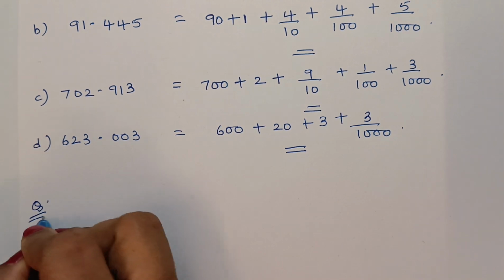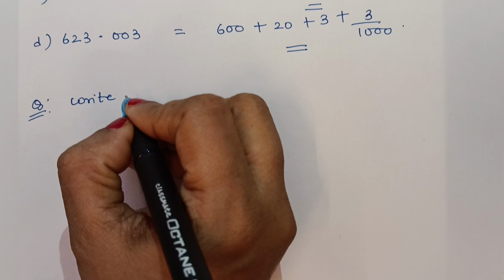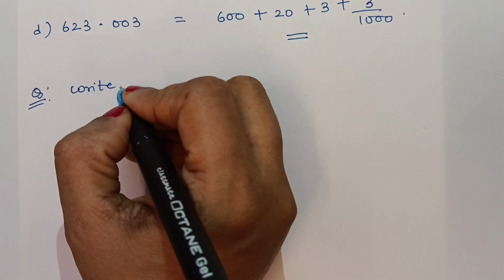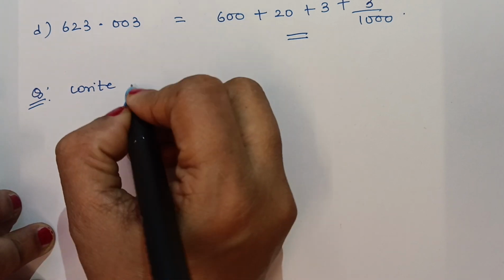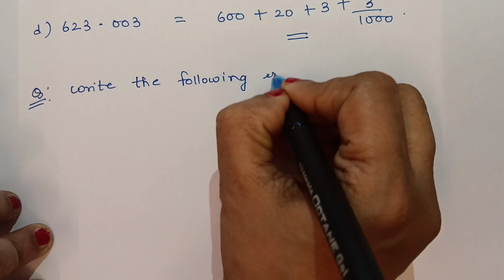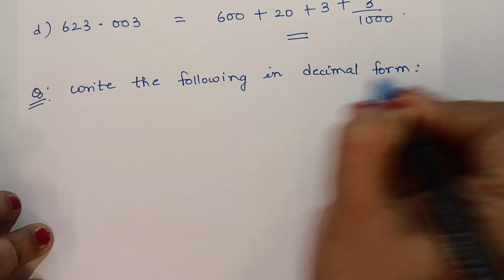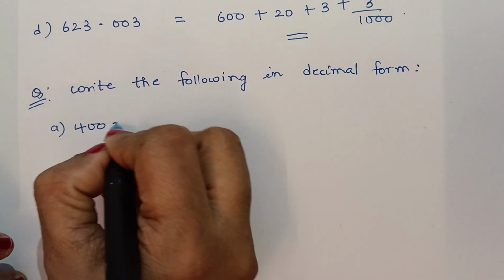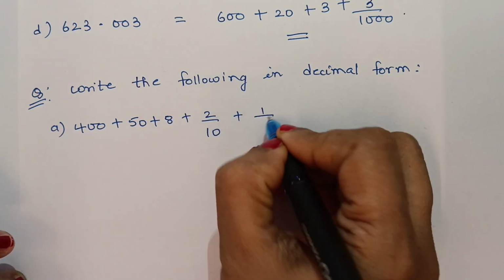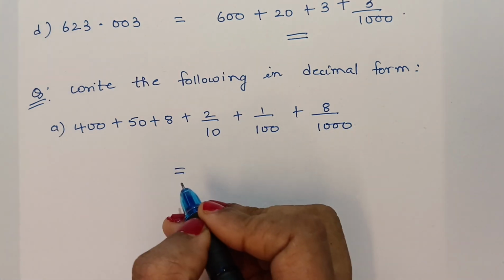Now we are going to learn vice versa. It means the expanded form is given, and you have to convert that expanded form into a decimal number or decimal form. Write the following in decimal form. The question is 400 plus 50 plus 8 plus 2/10th, 1/100th, 8/1000th.